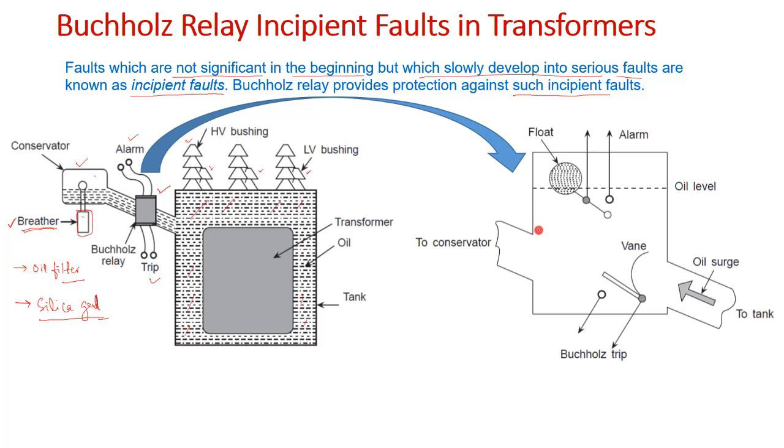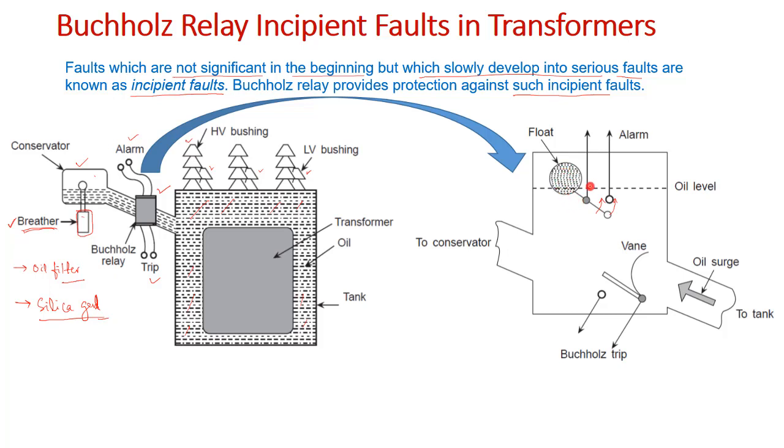Now you can see here there are two contacts going to the alarm. The alarm will buzz when this contact is connected to this contact, that means when this is shorted with this terminal. How is it possible to be shorted? You can see this is the floating element, the floating ball. When there is leakage of oil in the transformer, this ball goes down.